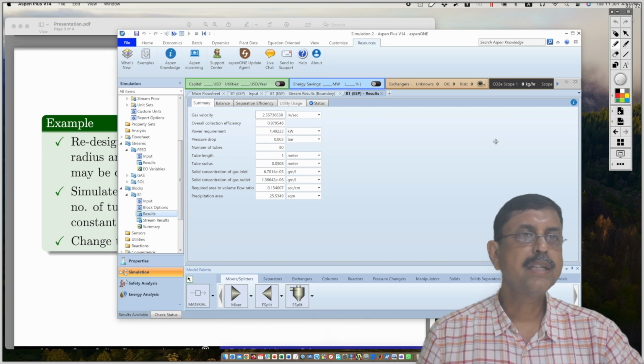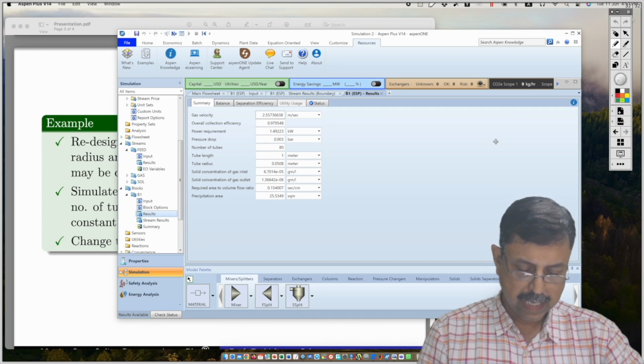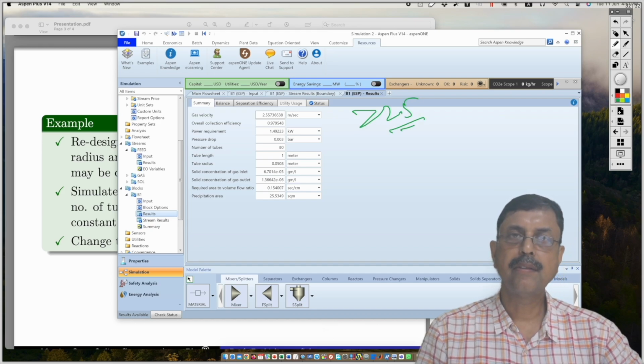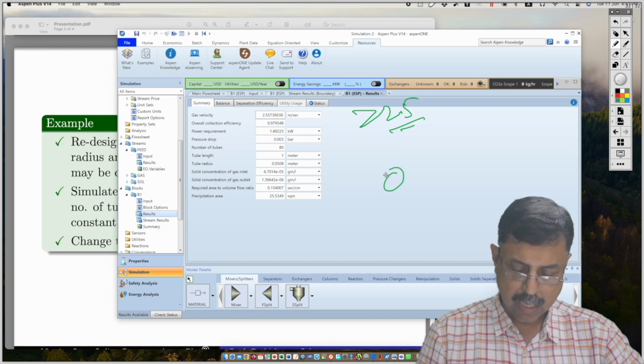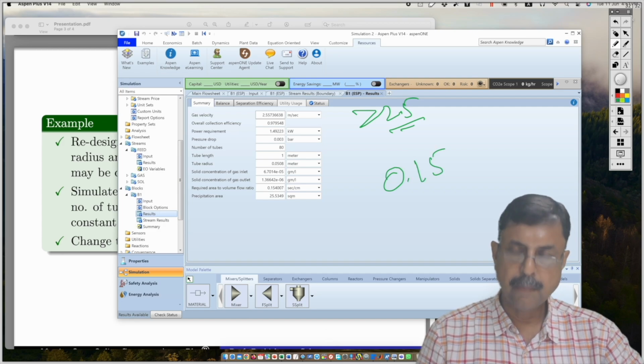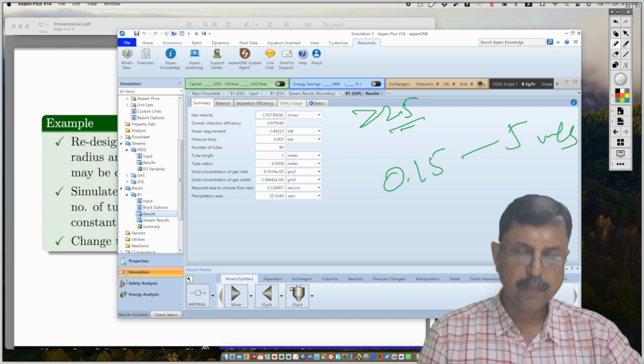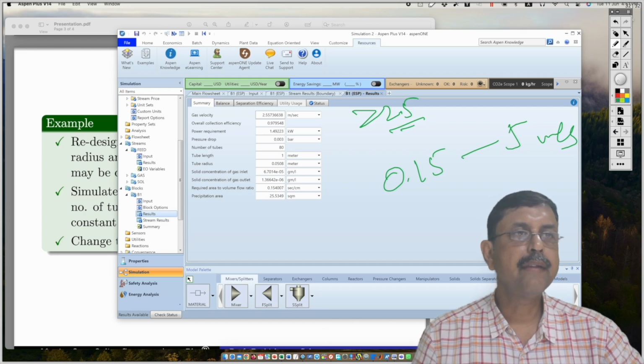So through this simulation, we find that gas velocity is greater than 2.5, but it is okay because it is the Swarovski model, so our range is from 0.15 to 5 meters per second, so 2.55 is well within the range.